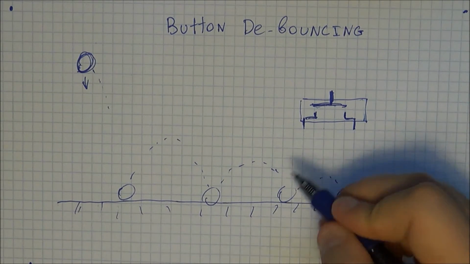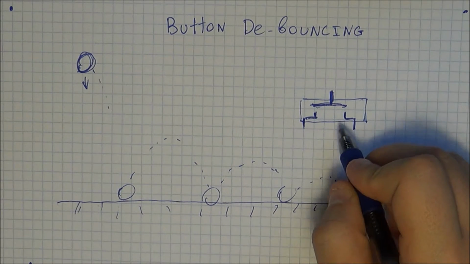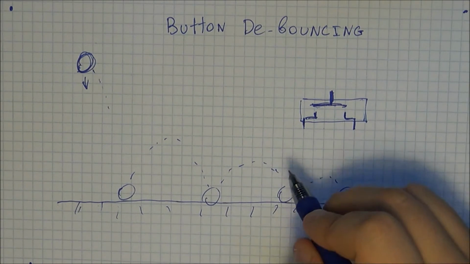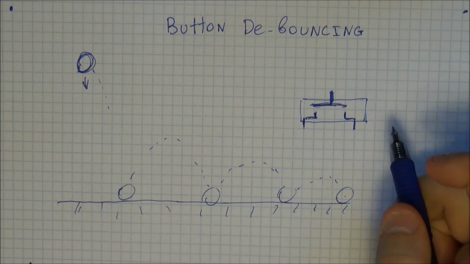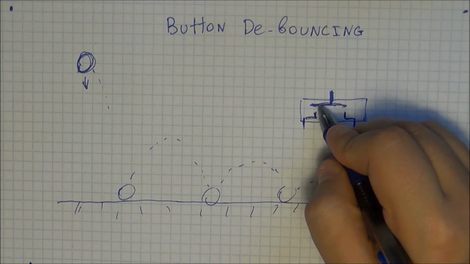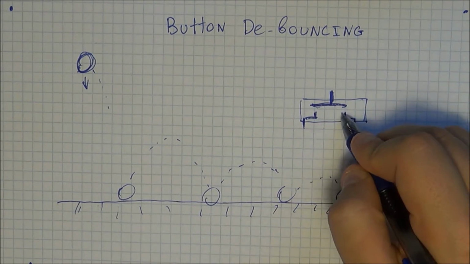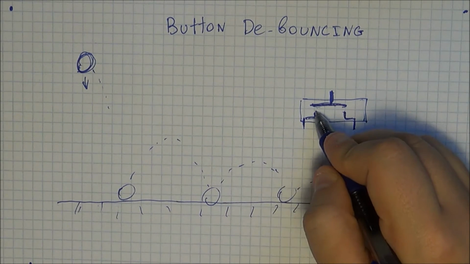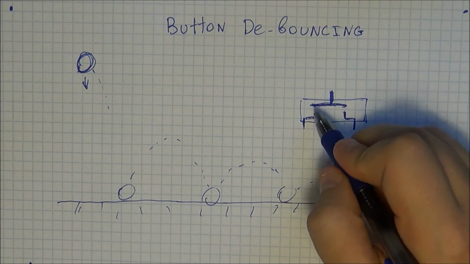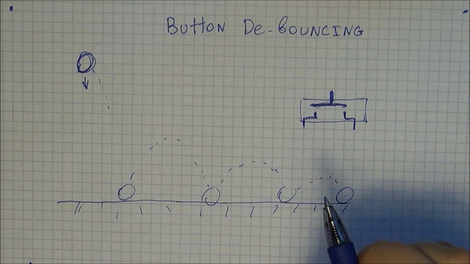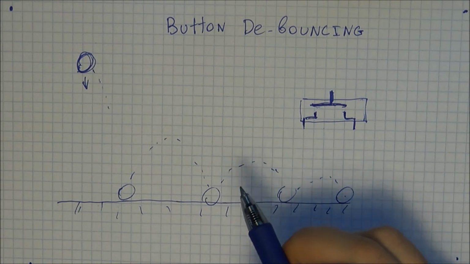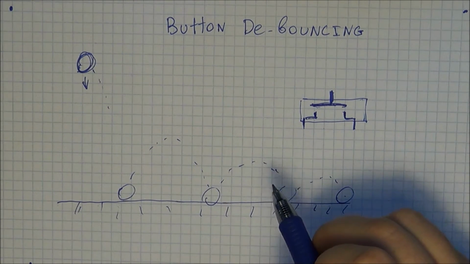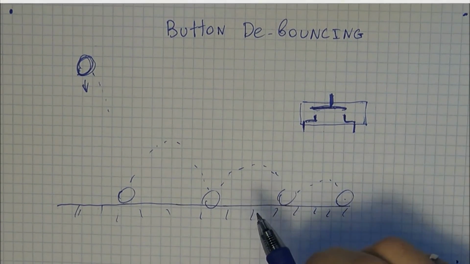So what I mean by that is that during a microsecond, or a very, very short time, unnoticeable to the naked eye, when this portion of the button touches your contacts, it is going to bounce. So what that means is it's going to go up and down. It's going to open and close extremely fast. So let's take a look at some of the graphs which you would expect to see from such a device.